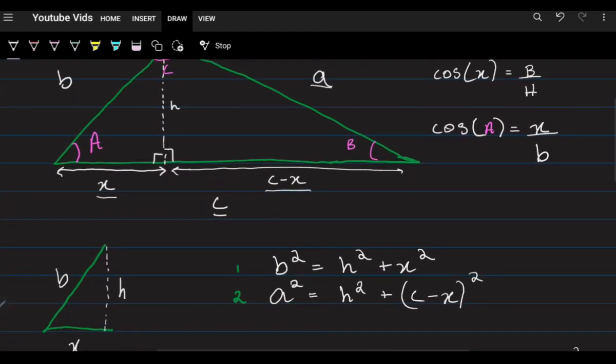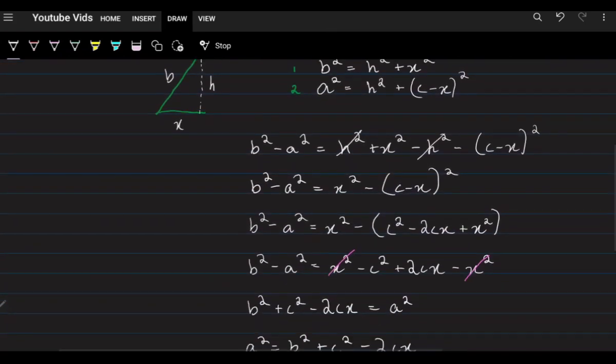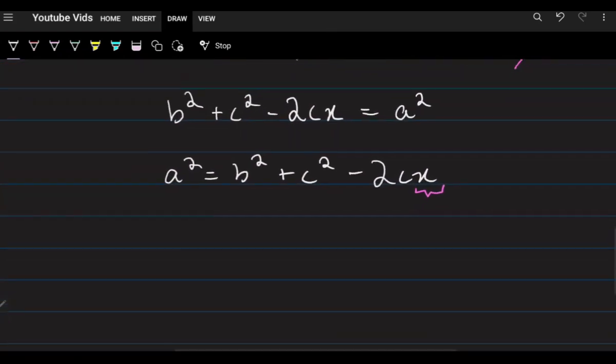Okay, but we need to find x, so let's rearrange this a bit. So we get b cos a is equal to x.